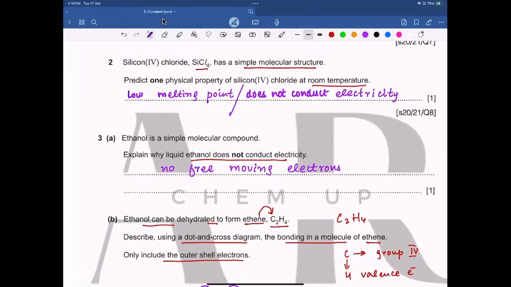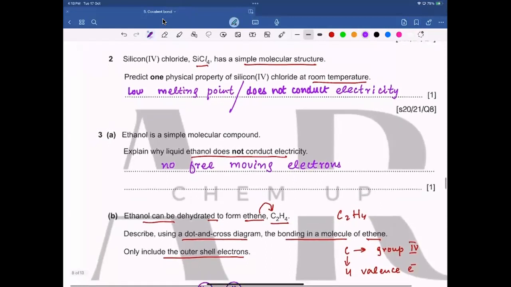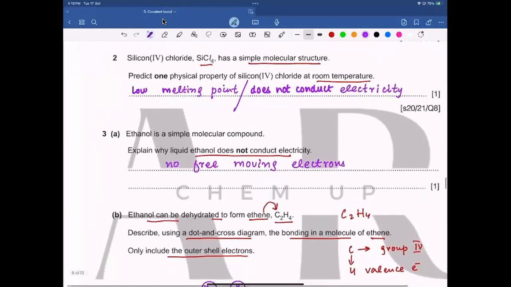Electrons on carbon will share. Think of how many electrons a shell of carbon has and how many electrons it can share. Yes, how are you, Zainab, and why are you not coming? Sir, I'm good. It's card issues, and that's why I'm not coming.